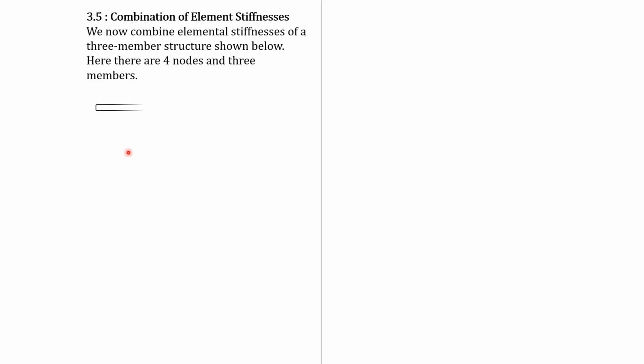Next, we have the combination of element stiffnesses, or we assemble the stiffness of the system. Assuming there are 3 members, in this case, there are 4 nodes: 1, 2, 3, and 4, with forces F1, F2, F3, F4.